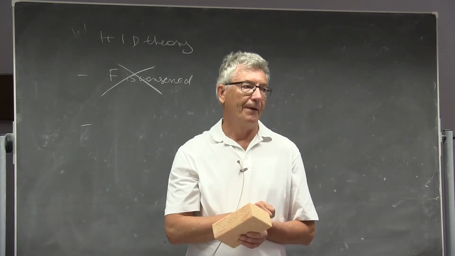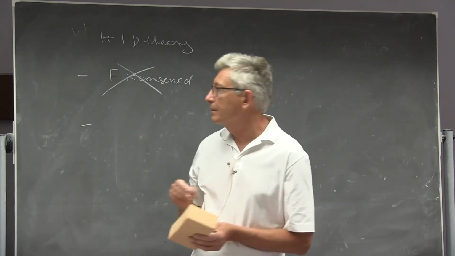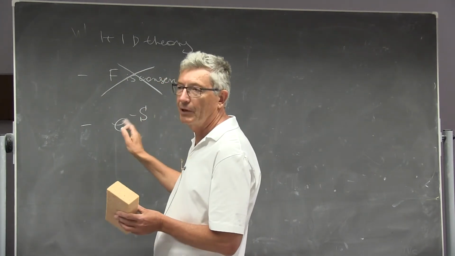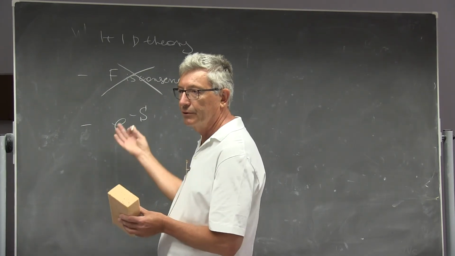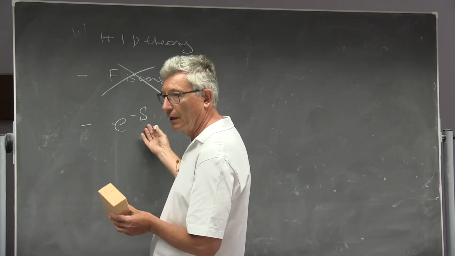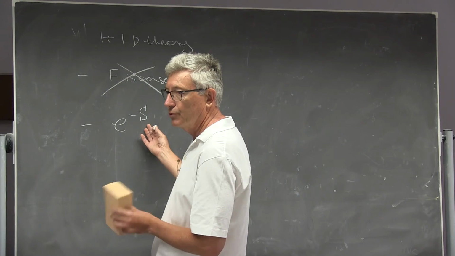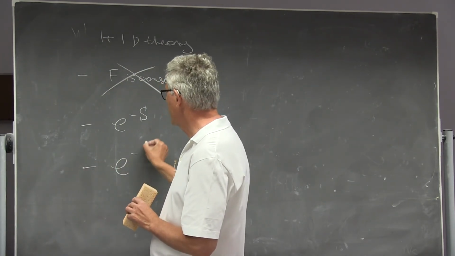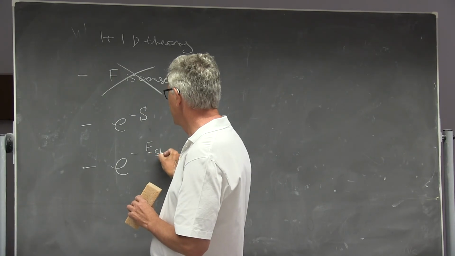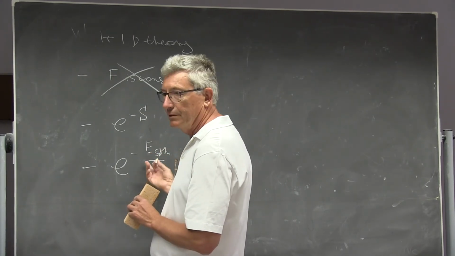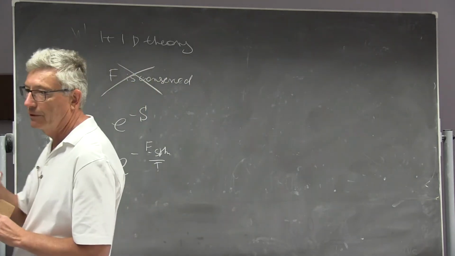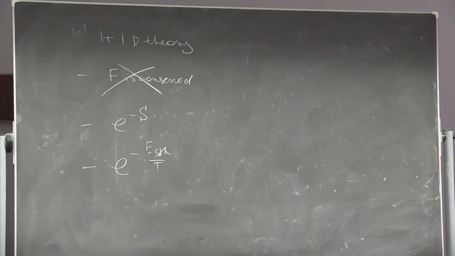Overcoming this barrier is suppressed by e to the minus some number, the tunneling exponent. So this process is highly suppressed at zero temperature. However, at large temperatures, the suppression goes like e to the minus E_sphaleron over T, and this suppression can literally disappear if the temperature of the system is very large.